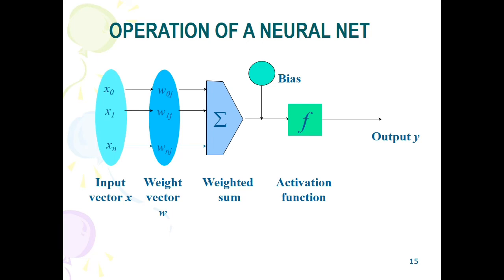So this output will depend upon the number of inputs, the weight vectors and the weighted sum. These inputs will have a weightage over what kind of output will be delivered by the neural network.